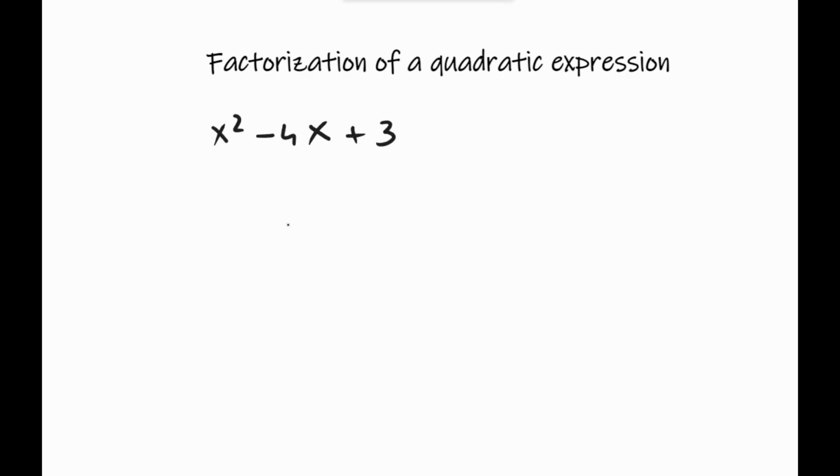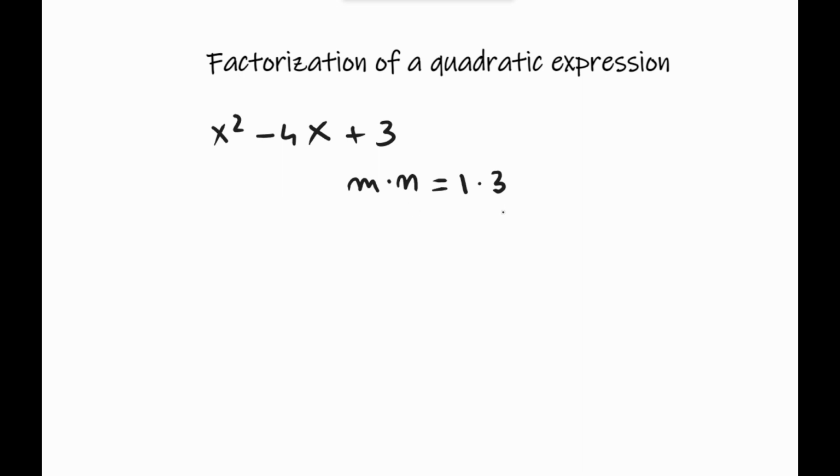As we can see in this example, we have negative integers. Let's see if our algorithm will work also for this. 3 is a prime number, therefore it will be written only as a product of 1 and itself. But because we have a negative sum for the b term, at least one of the terms m and n should be negative.